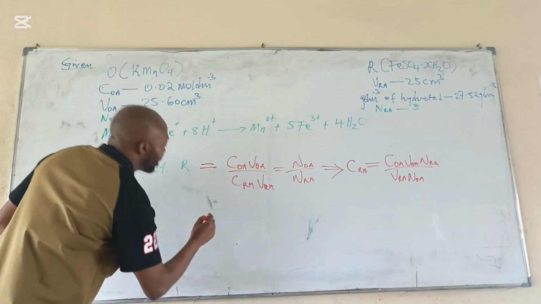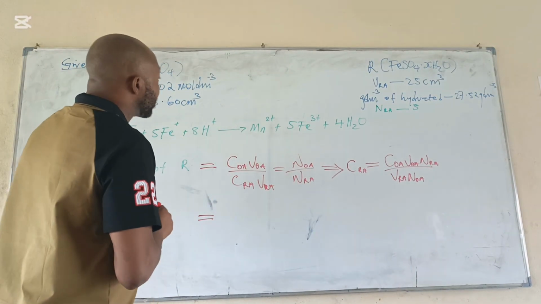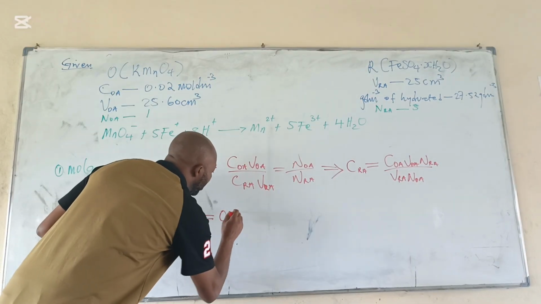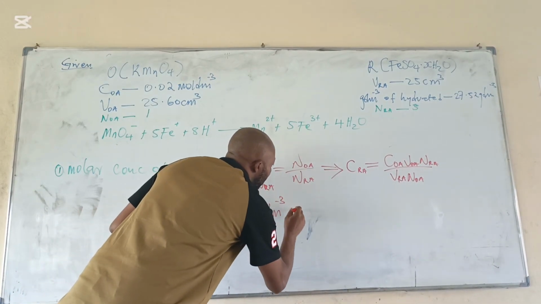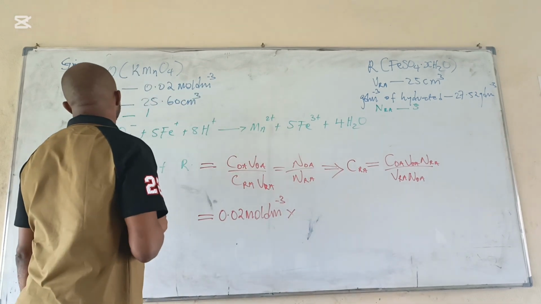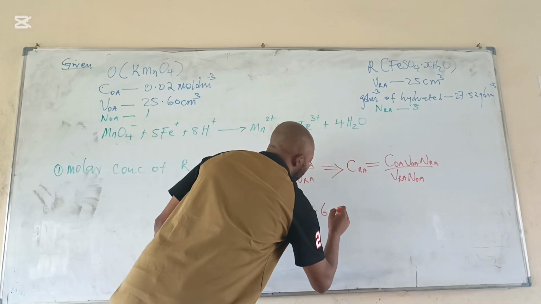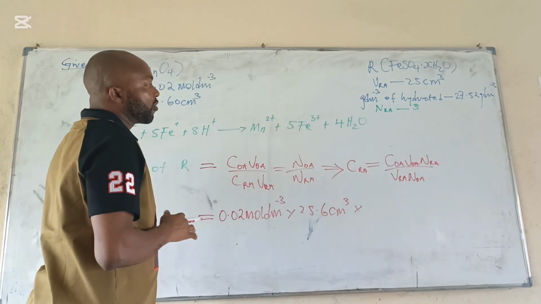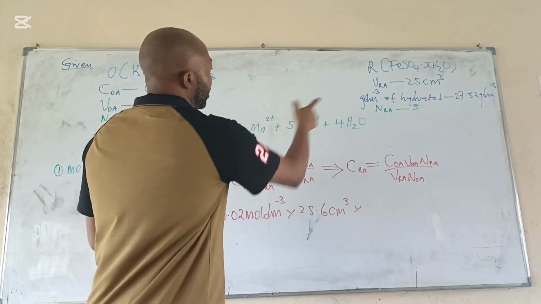So this can therefore become the COA, concentration of the oxidizing agent, is 0.02. So this is 0.02 mole per dm cube times volume of oxidizing agent is 25.6 cm cube times the number of moles of reducing agent, alright, is 5.